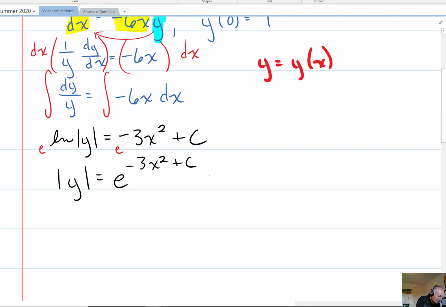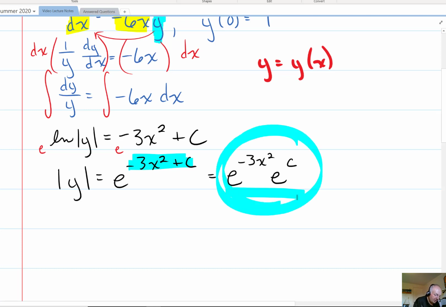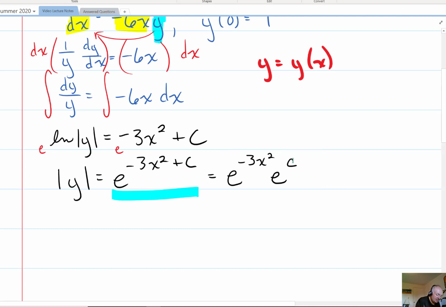Now watch some of the algebra here. This right hand side I can write like this, because if I've added exponents, I can actually rewrite it as a product. Most often we start with this and go to this, but we're just tearing them apart. What's important is that c is just a constant, so e to the c is just a constant.